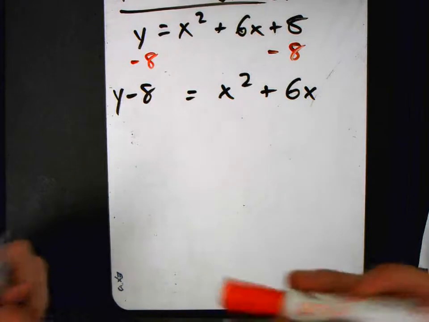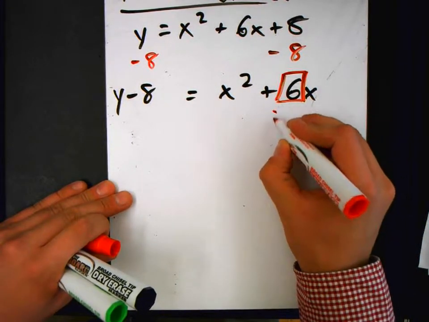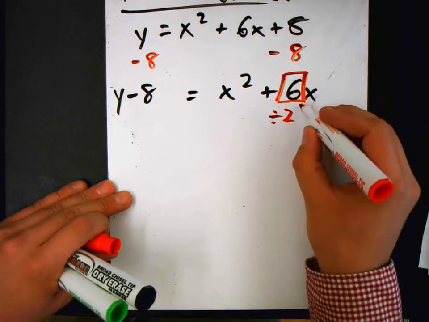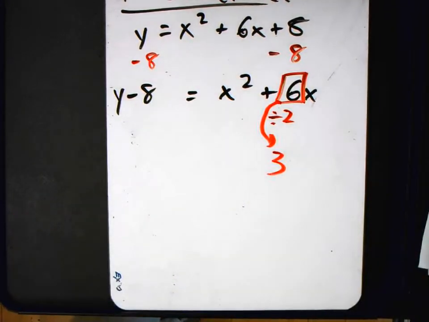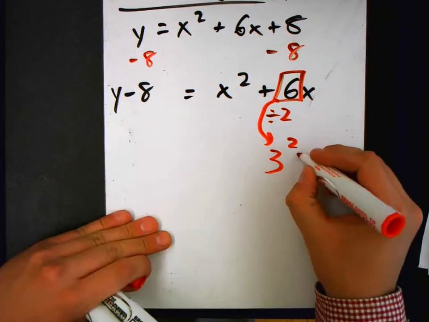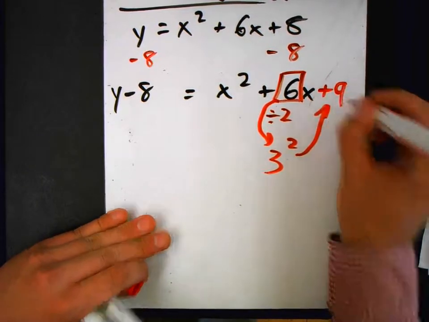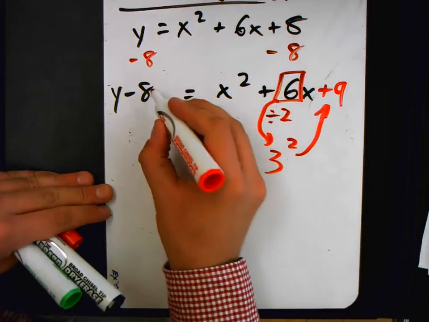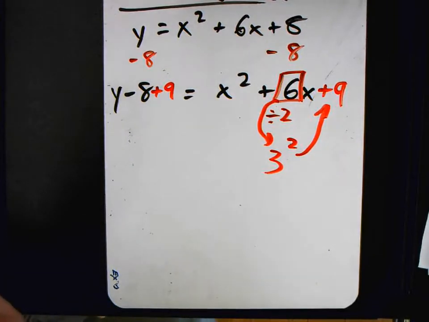Now we're going to take our middle term, divide by 2. And this becomes 3. I then square it to get 9, a positive 9. I'm adding that number to the right side and the left side. Whatever you do to one side of the equation, you must do to the other.